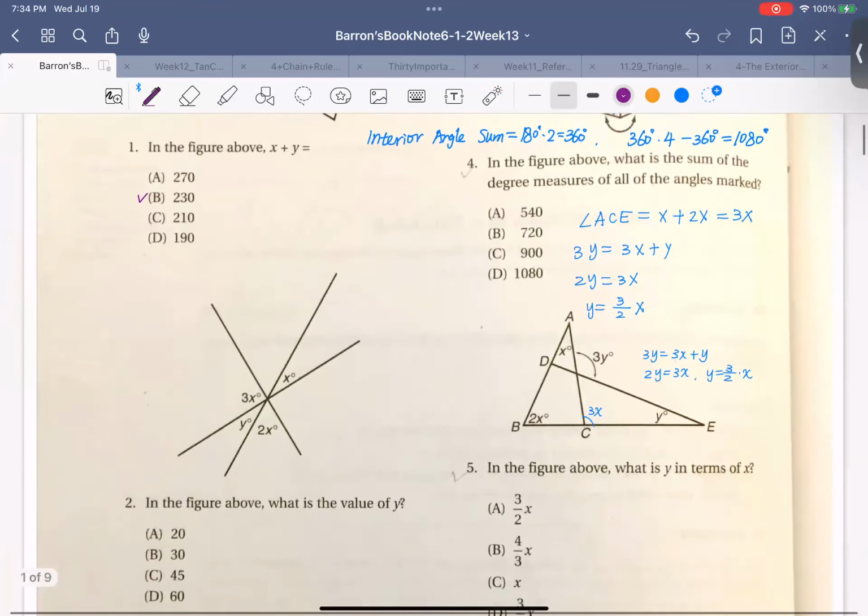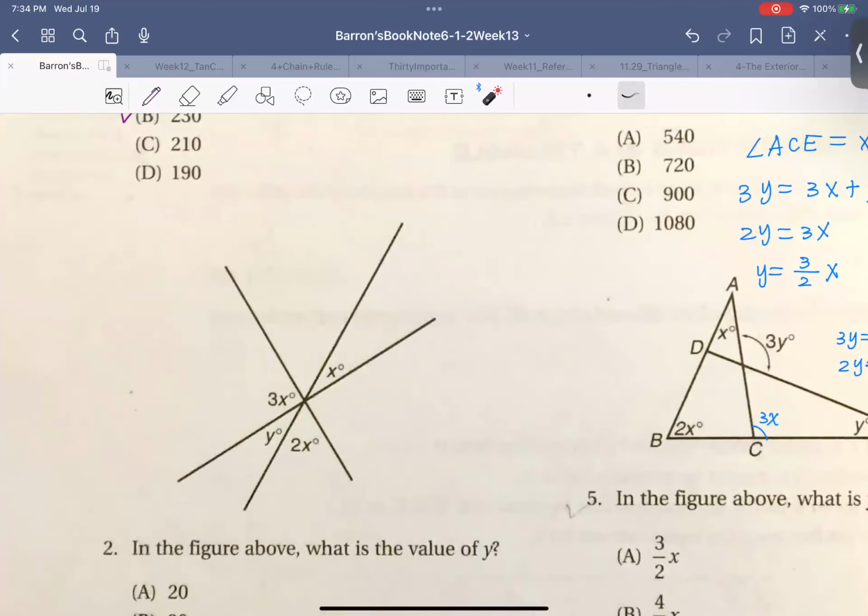And then next one, look at here. Do you see what happened to here? Oh, X and Y are vertical angles. So X equals Y. This part will be how much? 2X.